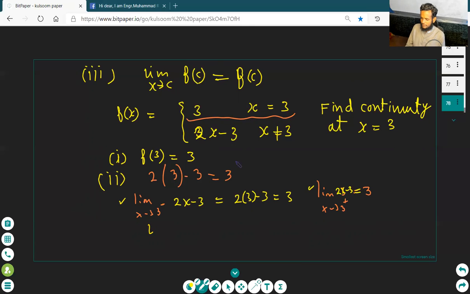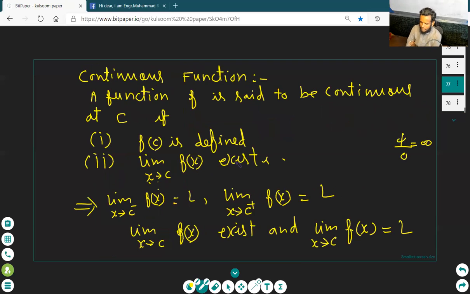Write the limit as x approaches 3 of 2x minus 3 is equal to, what is the answer of this? We did it. Second condition is proved.